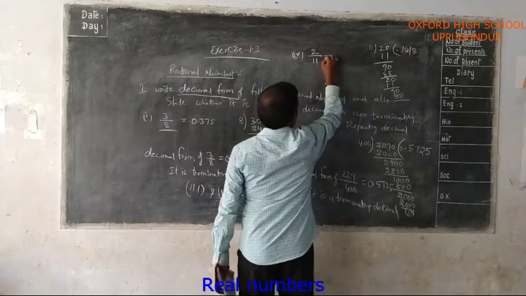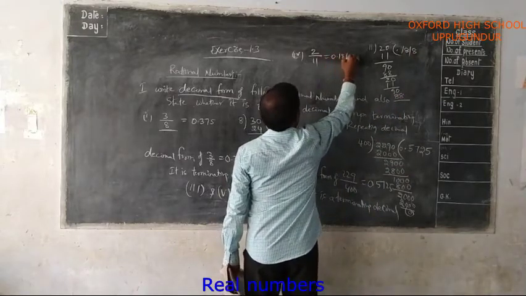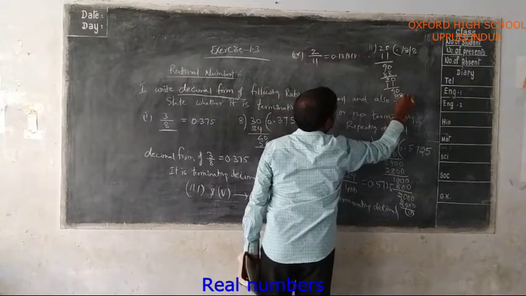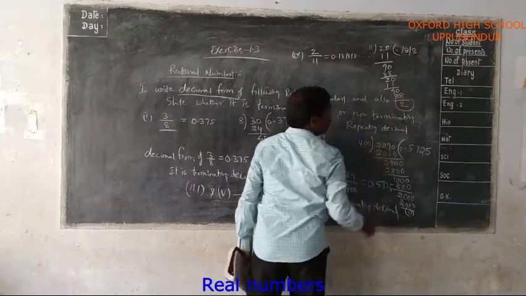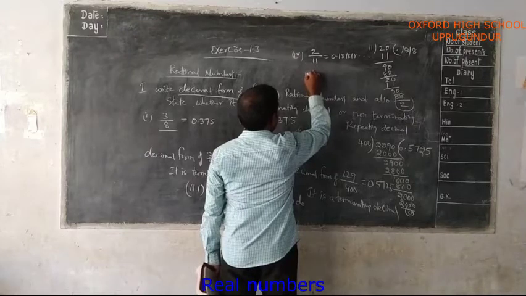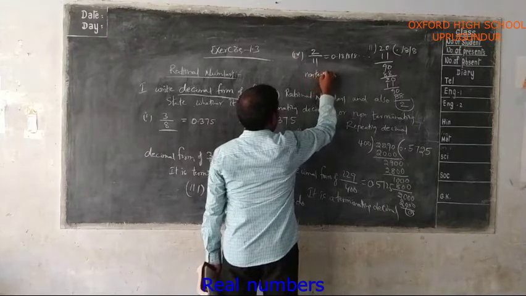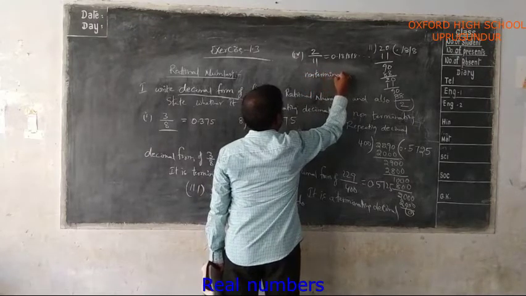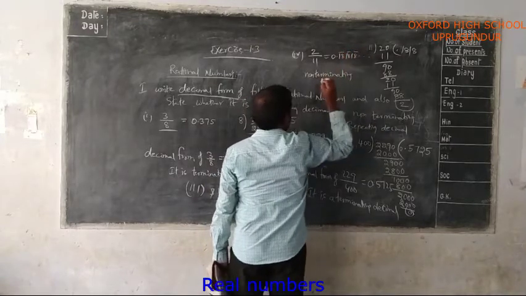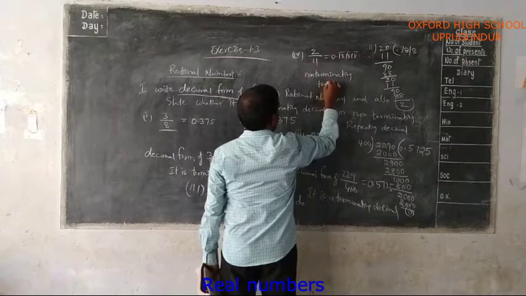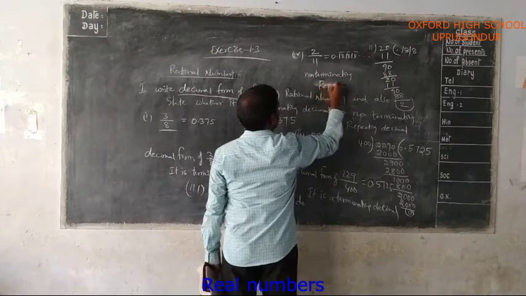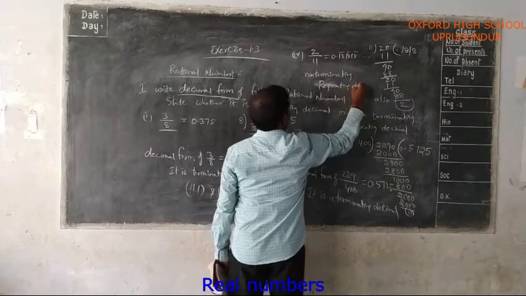That means 0.181818 and so on. Here you are not getting remainder 0. So that's why it is non-terminating, but here 181818 is repeating. So non-terminating repeating decimal.